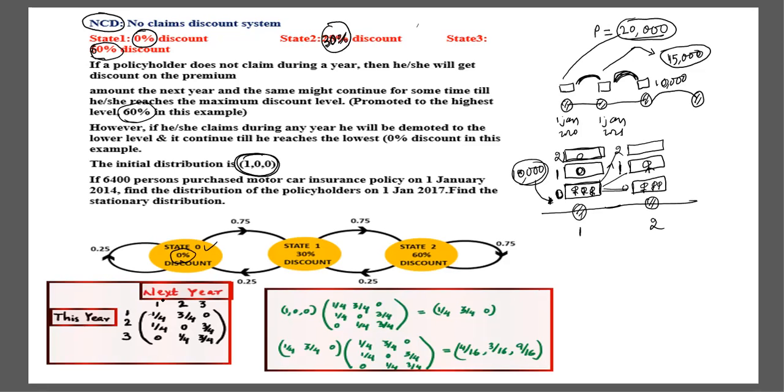In the transition matrix, 1 to 1 is 1 by 4, 1 to 2 is 3 by 4, and 1 to 3 is 0. For 1 to 3, there is no possibility. Then 2 to 1 is 1 by 4, 2 to 2 is 0. You consider any 2 years, t to t plus 1. Remember, when we talk about this transition matrix, we consider any 2 points.